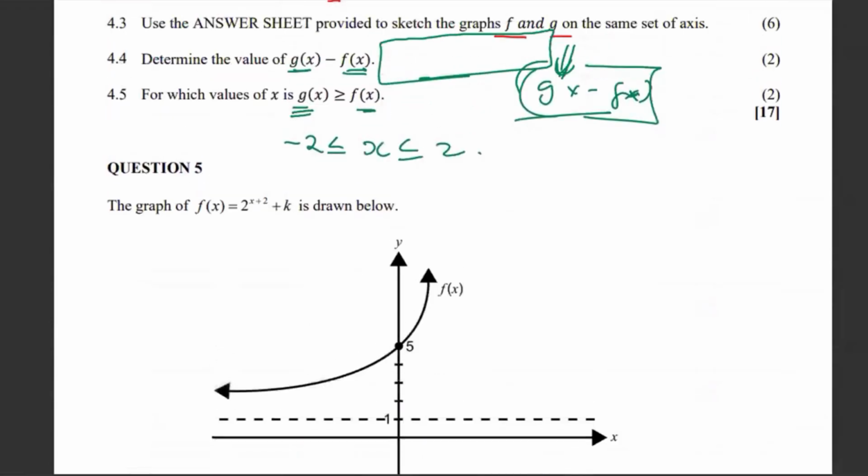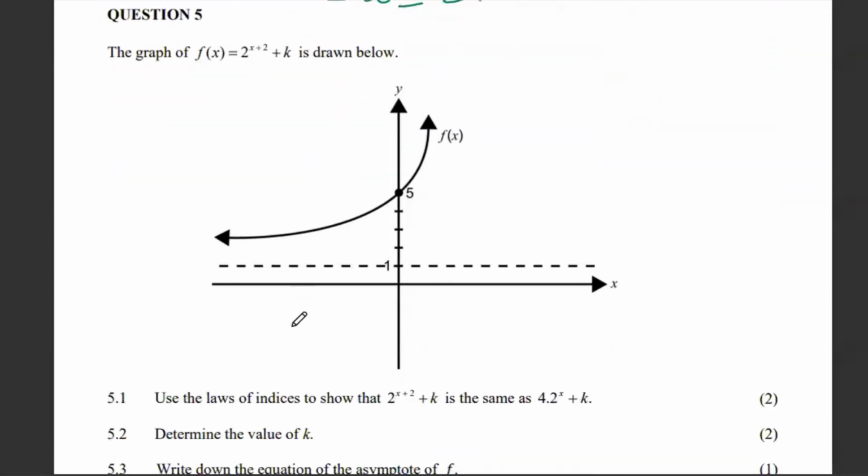Okay, so we're going to say that -4 is less than y is less than 0. This is the only region that we have for this. Alternatively, if they ask us maybe g of x minus f of x is equal to a particular number, maybe 3 or 2, then we're going to be in a position to determine the value of x. Here, they're not specific, either find the value of x or find, so it's basically the value of y that they need.